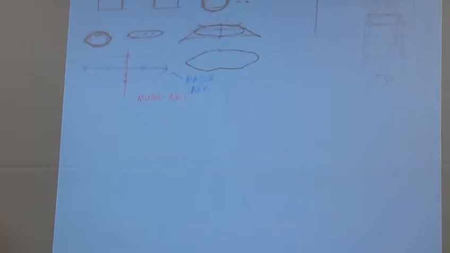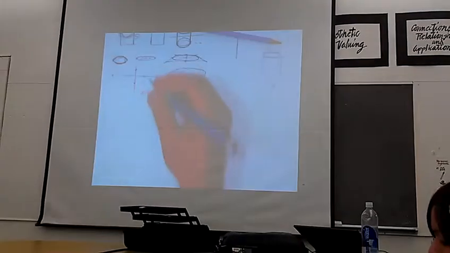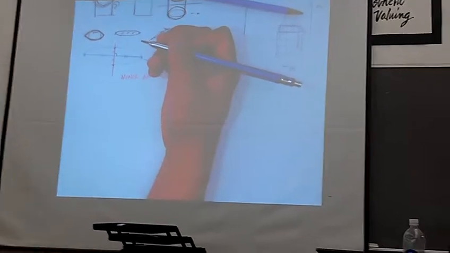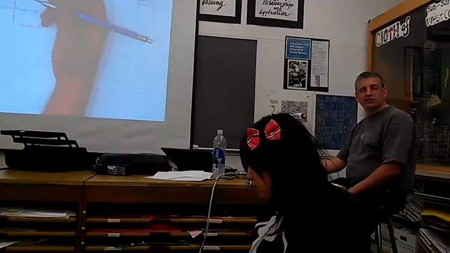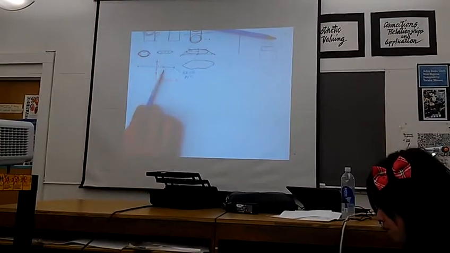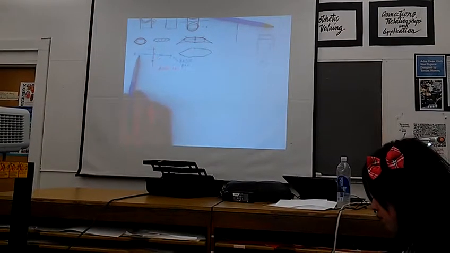No exceptions. They are always meeting at a 90-degree angle. Perpendicular, no exceptions. And they are always symmetrical vertically and horizontally, so that all four of these quadrants are truly equal.